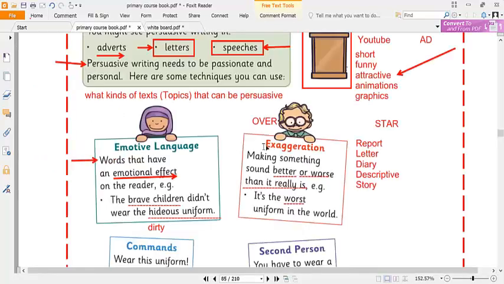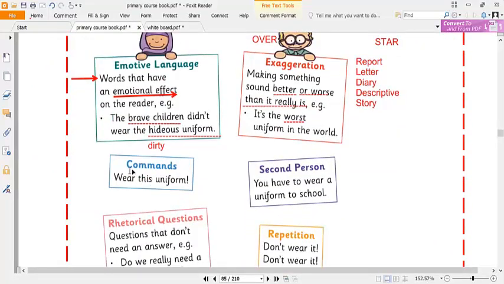The third technique is giving commands. Commands means orders. We studied it before in the grammar lesson. To give the reader some commands, some orders, like buy now, don't miss this sale, wear this uniform.